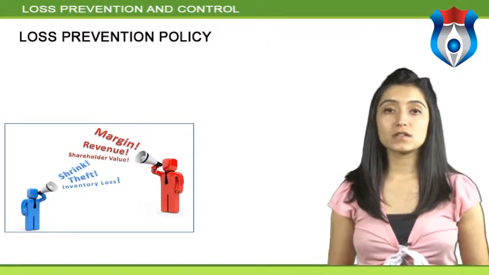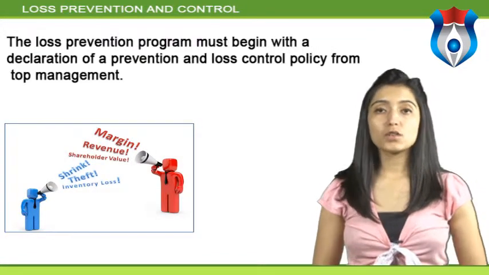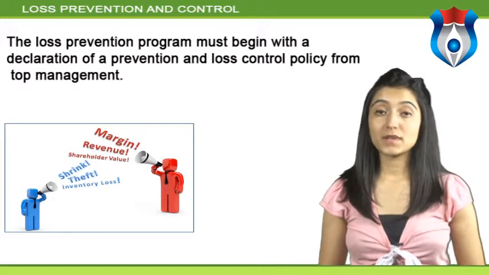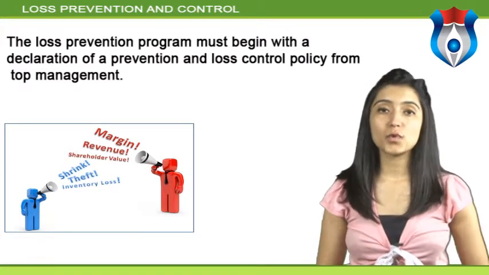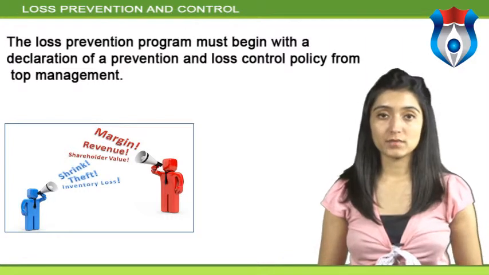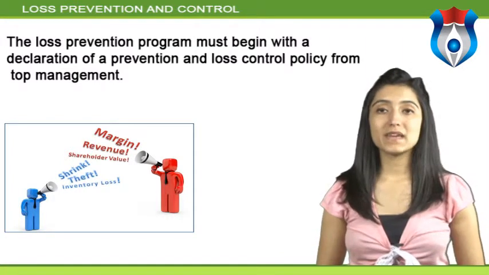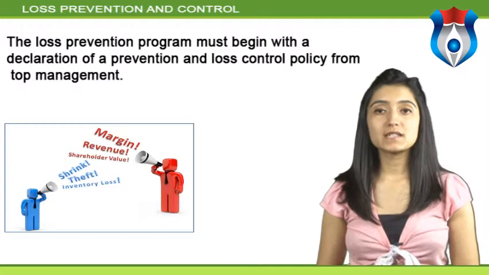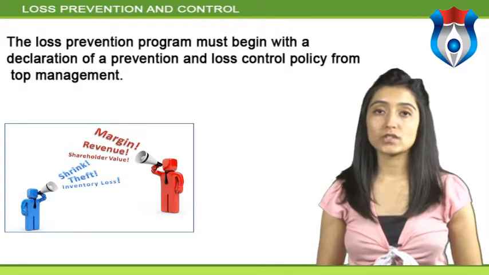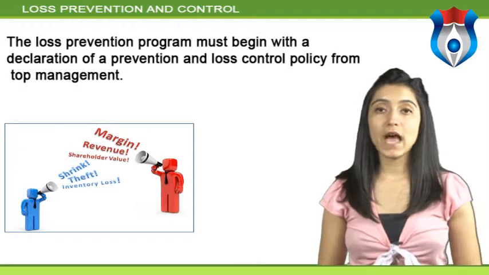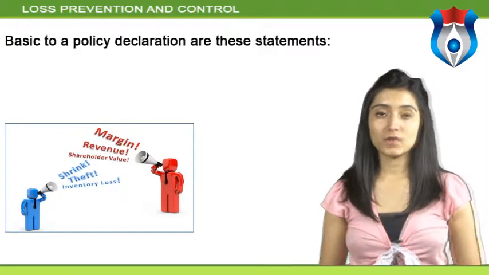Let us now discuss the loss prevention policy. The loss prevention program must begin with a declaration of a prevention and loss control policy from top management. A good policy makes it easier to enforce safe practices and conditions, to implement company goals, to follow safety rules, and to maintain equipment.